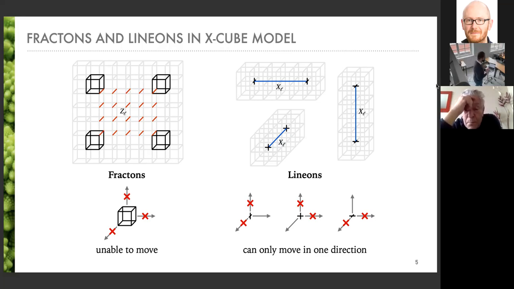If you don't have the supply of energy, then the lineon cannot move. So whenever a lineon tries to turn, it decays into 2 independent lineons. As the name suggests, lineons can only move in one direction. You have 3 varieties of them in the system, depending on your dimensionality, and you can move accordingly.